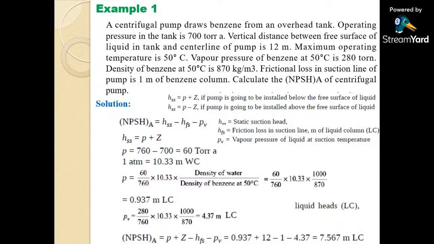What is the value of HFS? 1 meter minus PV. PV is 4.37. Now this equation is dimensionally consistent. So what is the value of NPSHA? 7.56.